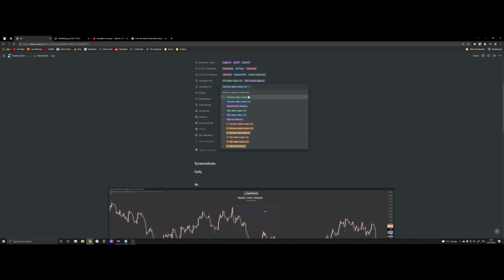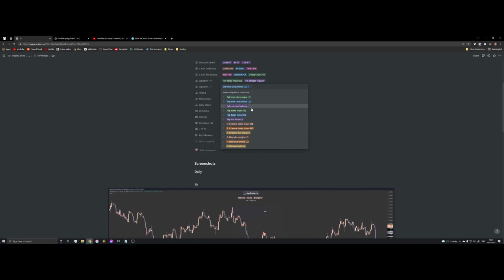The extreme takes major liquidity, that being structural, or the extreme takes minor liquidity, as I just said, like equal highs, which don't really make a new low in this case. Extreme has inducement, that's exactly what it sounds like: you've got a high made after your POI that you want to be swept into your entry.